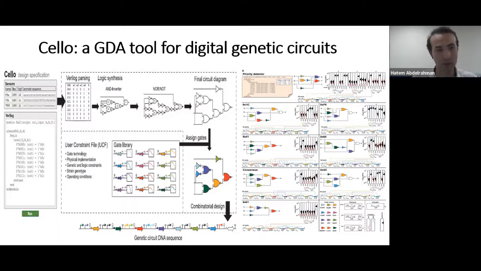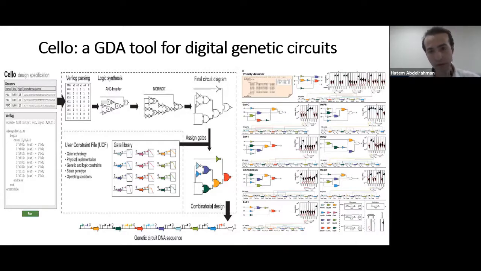But as I mentioned, this tool is used for designing computational operations, digital computational operations. But we don't have tools, for example, for designing analog operations, which are analog circuits, by the way, useful for making computation at lower resources. However, digital circuits require more resources, which can be an overload on the host.